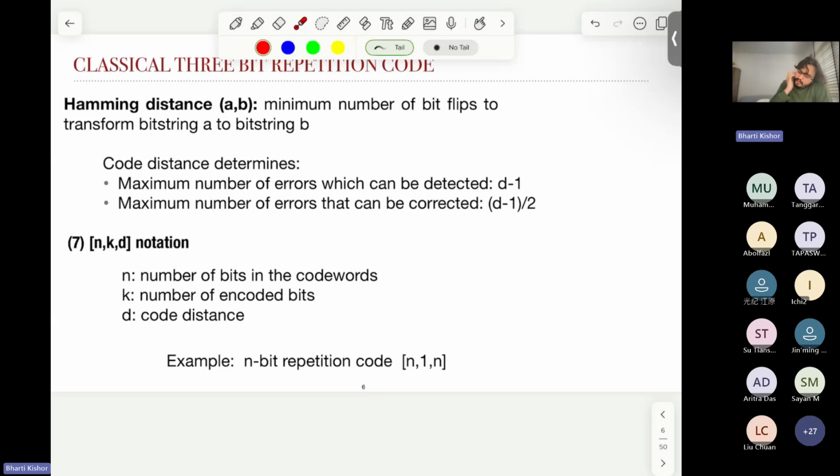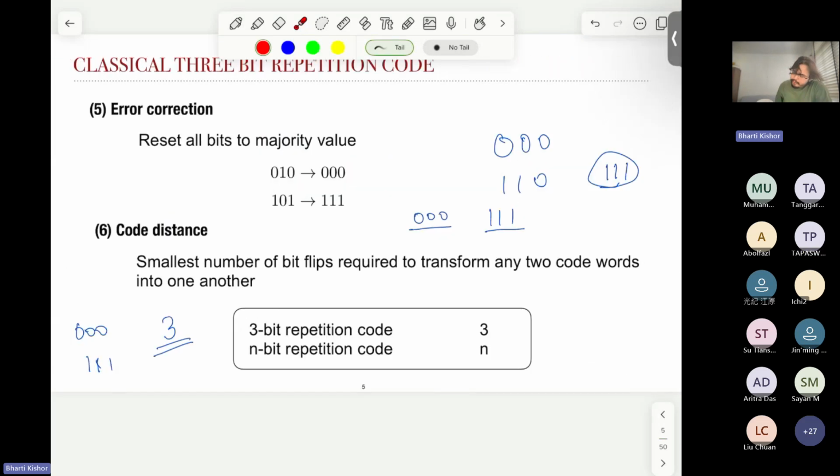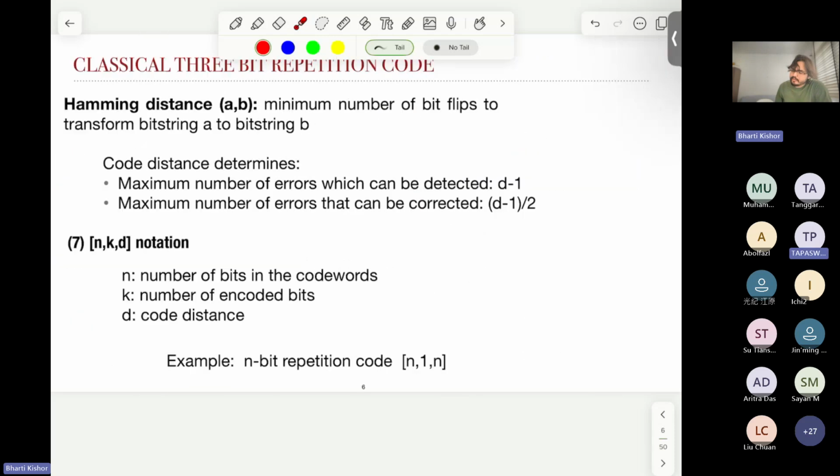You can capture the code distance using something called the Hamming distance. Let's say you have bit string A and bit string B. The Hamming distance is the minimum number of bit flips to transform bit string A to bit string B. For example, let's say bit string A is 0, 0, 1, 0 and bit string B is 1, 1, 1, 0.